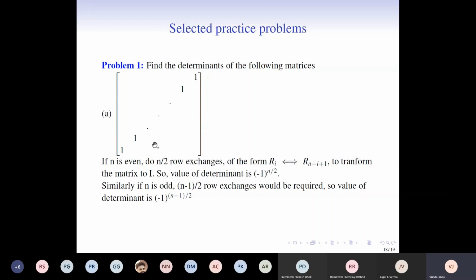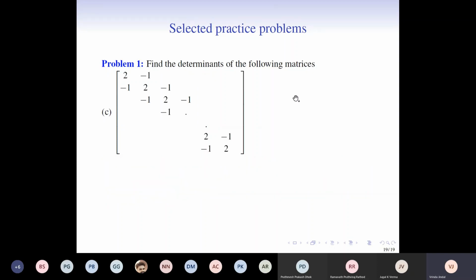So 2 exchanges are done. So basically n minus 1 by 2 exchanges are done and the row n plus 1 by 2 remains as such. After n minus 1 by 2 exchanges, the matrix will get transformed into an identity matrix. So the value of the determinant will be given by this expression.